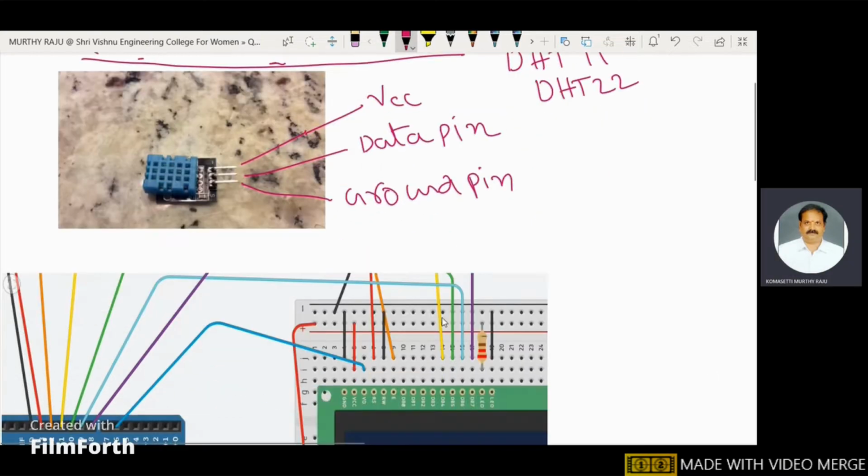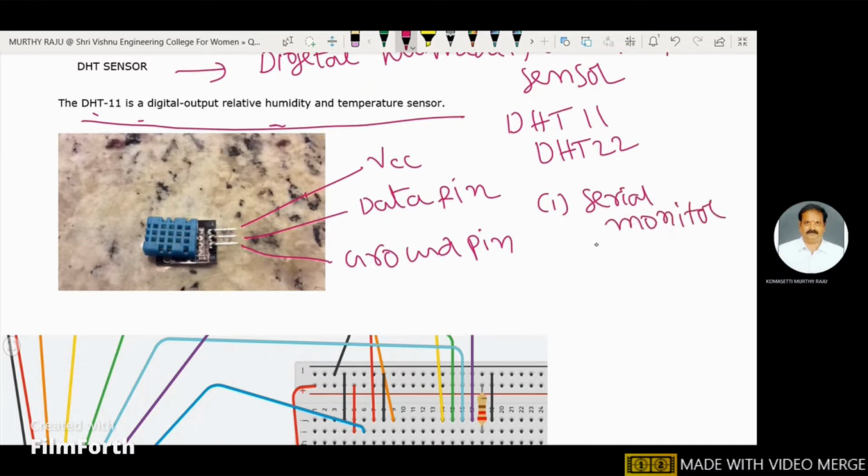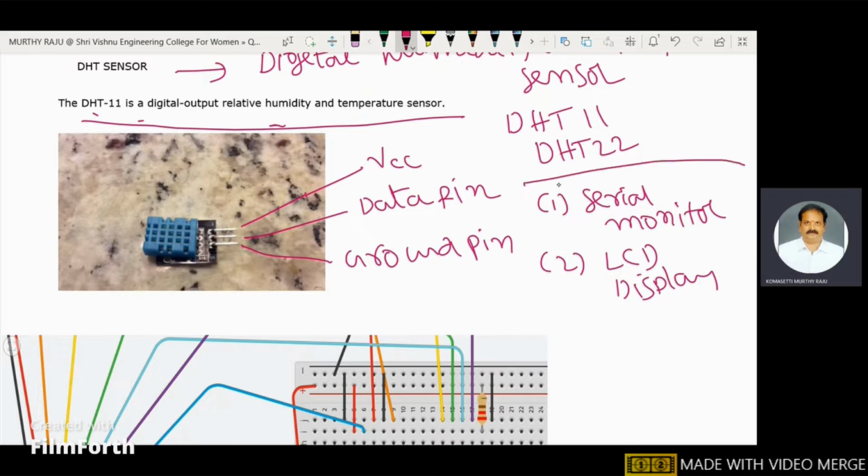Next, coming to the temperature value and humidity value, they are displayed on both the serial monitor and the second one, the LCD display. Consider these two displaying units.